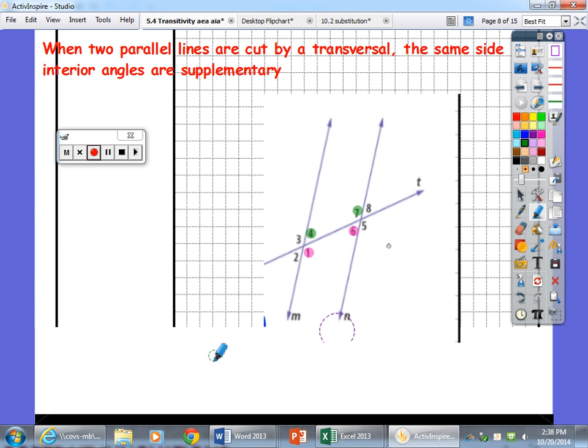Now, writing a proof like this takes a little bit more time, and this is one of those that I might write as a paragraph, because it would have like 6 or 7 steps in it. But notice, the important part of this is that these two are supplementary to each other, and these two down here are supplementary to each other. We can use this particular theorem in proofs and things that we're going to do in this chapter.